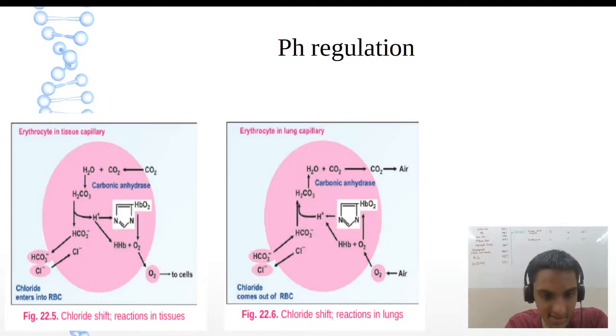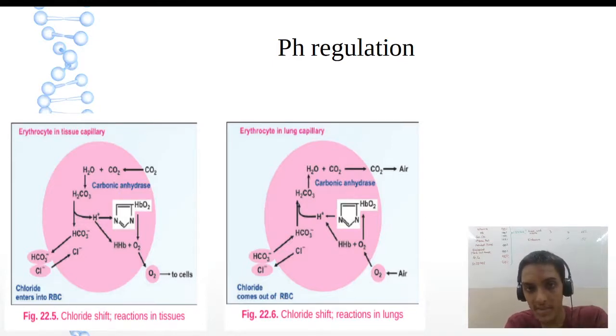This is in the cells and this is the plasma or the RBC. So in the RBC, we have water and carbon dioxide which is coming from the cells. On the enzyme carbonic anhydrase, we get carbonic acid. Ionic dissociation happens.